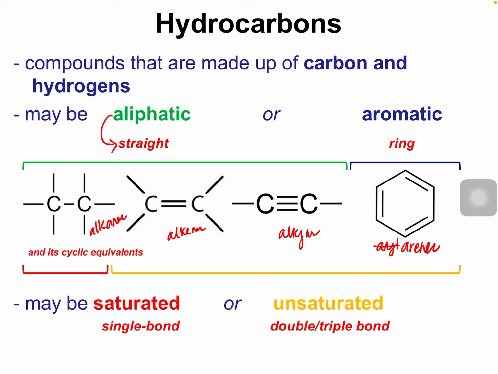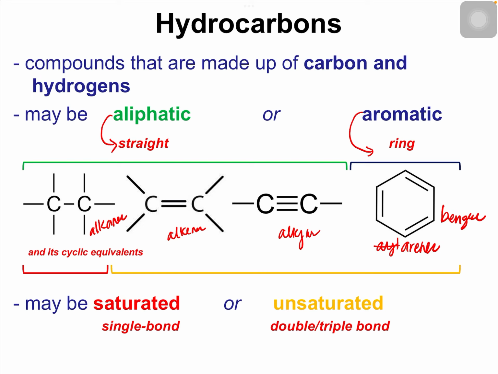On the other hand, when we say aromatic, there is a presence of a ring. And there's a certain condition na dapat ma-meet para masabi na aromatic ang isang organic compound. It should have a benzene ring, and as you can see, there are alternating double bonds and single bonds.